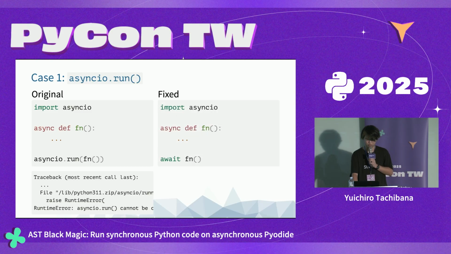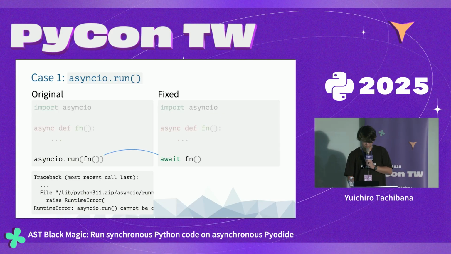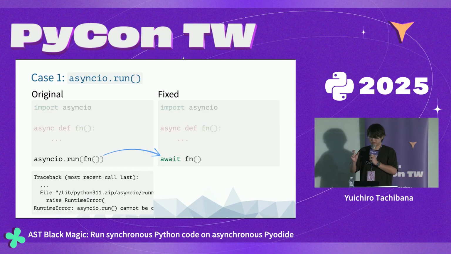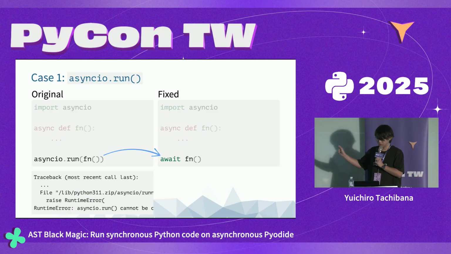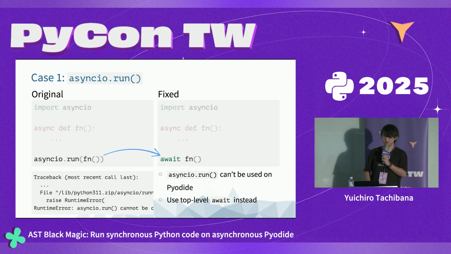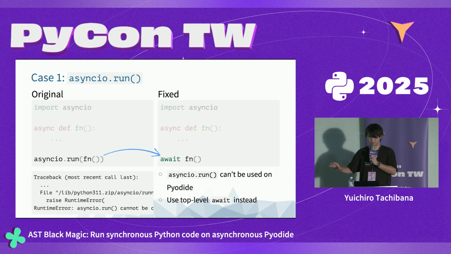So we have to rewrite the source code to something like this, removing asyncio.run and awaiting the coroutine or asynchronous function object with a top-level await, which looks a bit weird, but it actually works in the Pyodide environment, by the way.